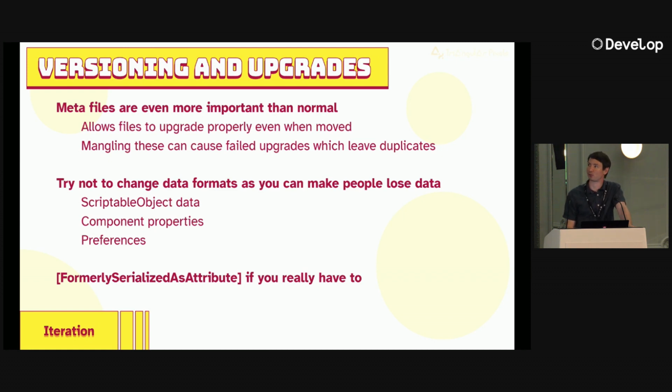If you do it for an upgraded version of your asset, then in that user's project, now they've got two versions of the same file, and Unity doesn't know what to do with it. And what it's probably going to do is dump the duplicate somewhere, and you are going to have problems. Kind of okay if it's a model or a texture, but if it's a code file, you're going to get weird compile errors, and you're going to get unhappy users.